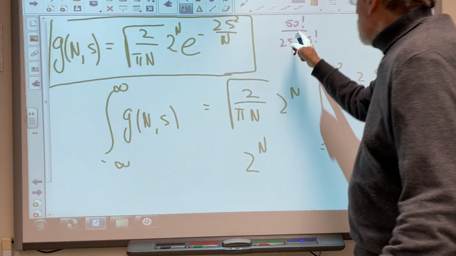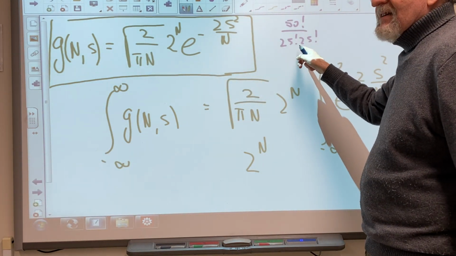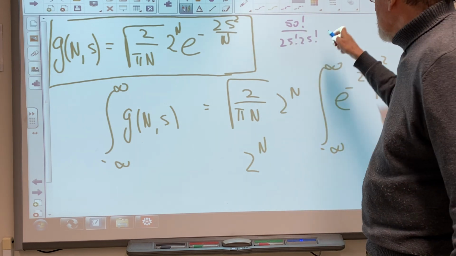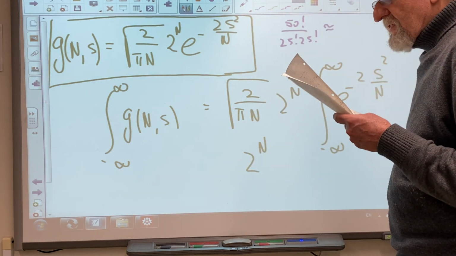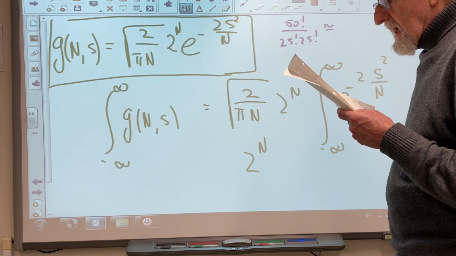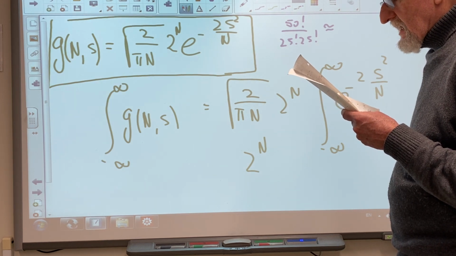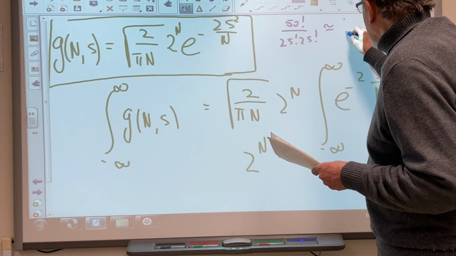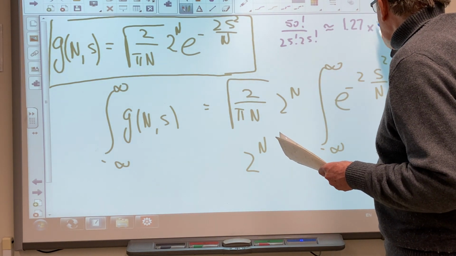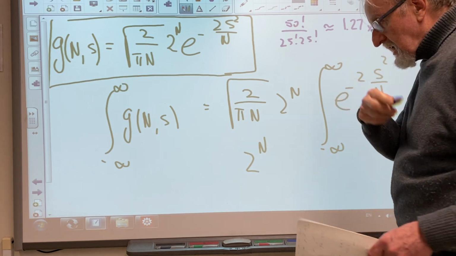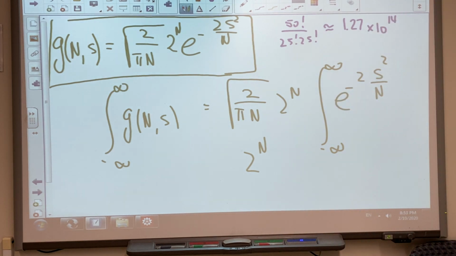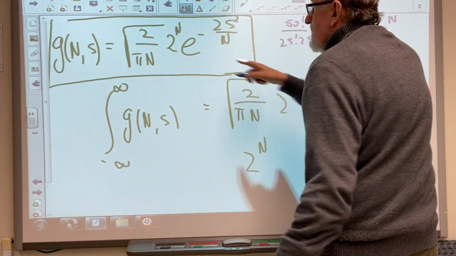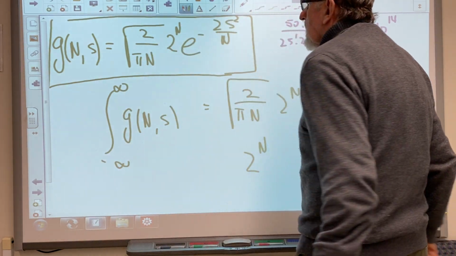S equals to 0 is when you have 25 plus s, 25 minus s. When s is 0, is this. This number for 50 is approximately 1.27 times 10 to the 14. I'll show you on the computer a little bit the approximation. So that's the maximum, multiplied by 2 to the n.